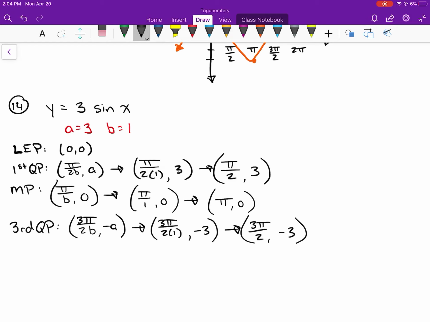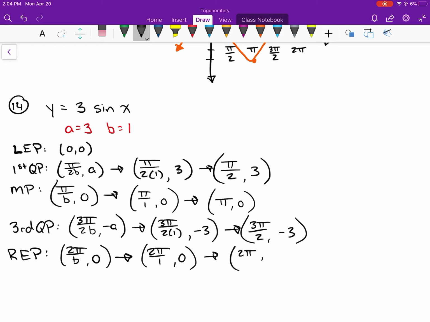Okay, and then my right endpoint is 2 pi over b, 0. Substitute b in, so it's 2 pi over 1, 0. Simplify again, you get 2 pi and 0.